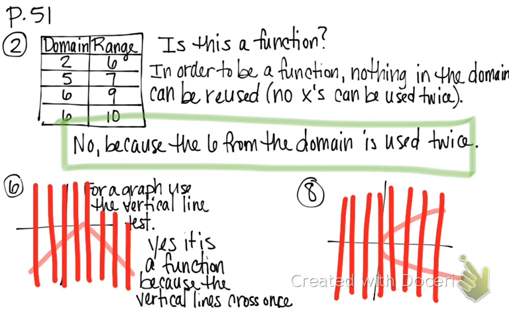This vertical line crossed 2 times. This vertical line crossed twice. So if it ever loops back over the top of itself, that's where you're going to run into trouble. Right there, there, there, there. All those things get you in trouble where those vertical lines hit twice.